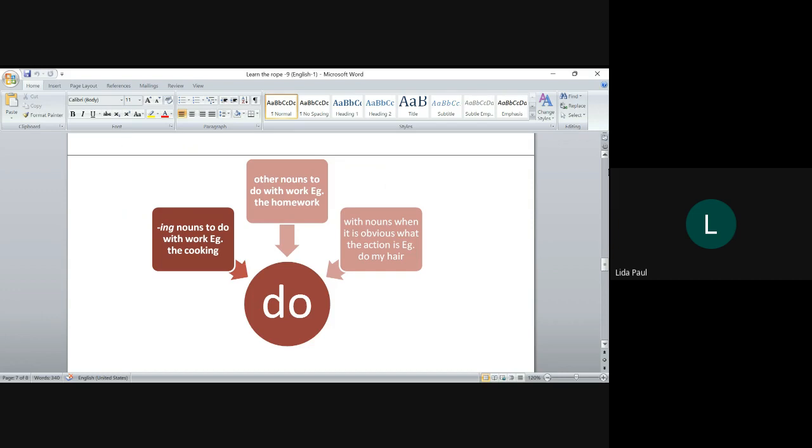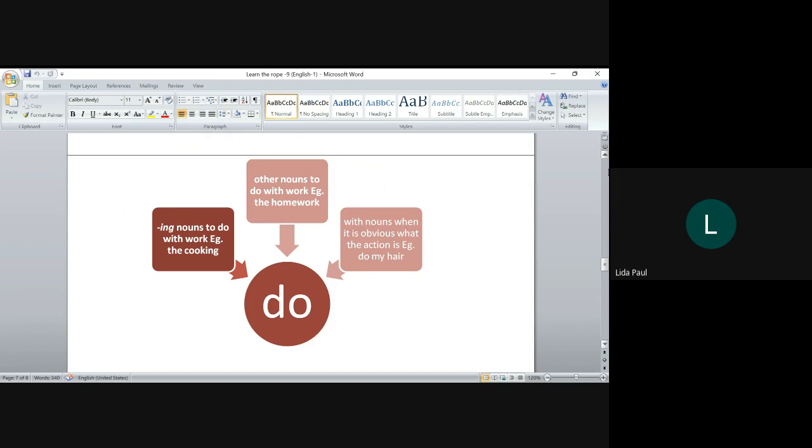So do along with your nominal expressions related to work, right? You do the coding, I will compile the reports. Okay, something of that sort. So it can be used along with any activities related to work. Anything that you do as a work can be used along with the delexicalized verb do. But you need to add one definite article before it in order to show that you're talking about the specific activity of coding or washing or cooking, so on and so forth.